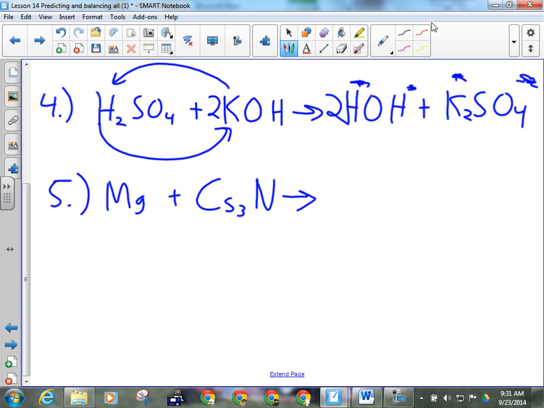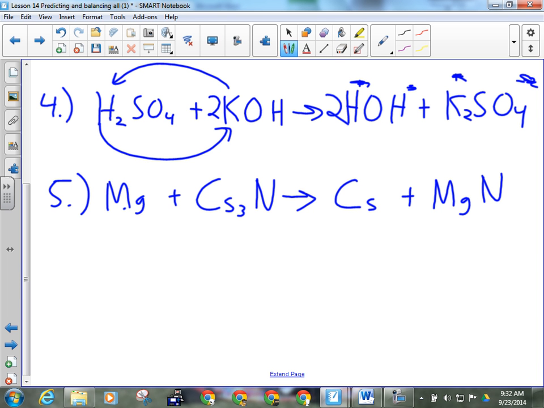So if I want to have an ionic compound on the other side, which 2 things are trading places? I got to change the things that are alike, which means I had a metal by itself on the reactant side. I'm going to have a metal by itself on the product side. If this was a non-metal, then I would have a non-metal by itself on the other side. So I know cesium ends up by itself, and I know then that magnesium must become part of a compound with nitrogen.